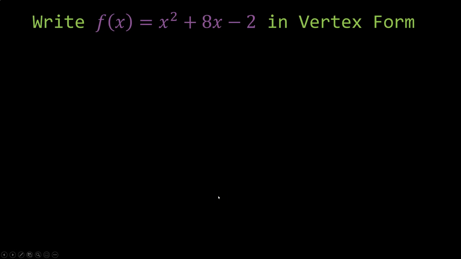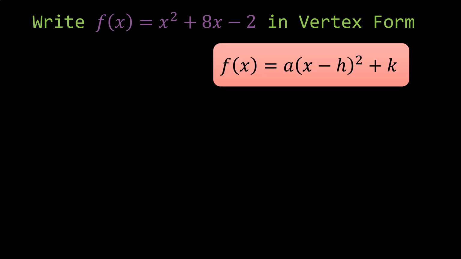The vertex form is a times (x minus h) squared plus k, where (h, k) is your vertex, and the a right here is your vertical stretch or compress, and then it might be flipped over if it is a negative number.